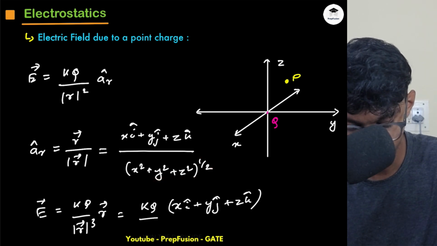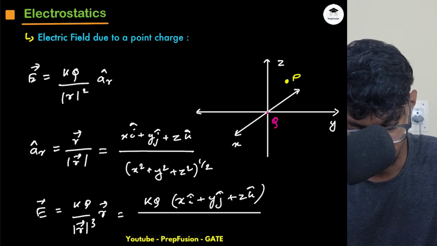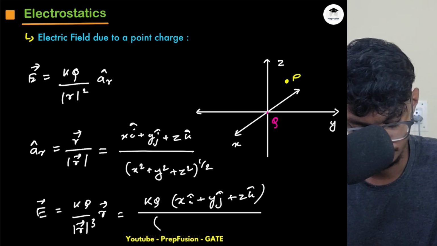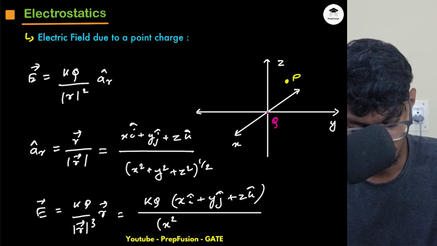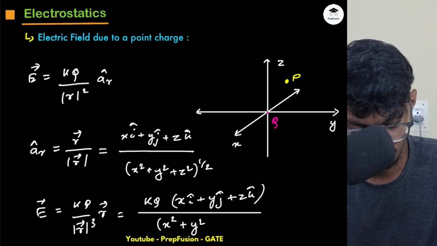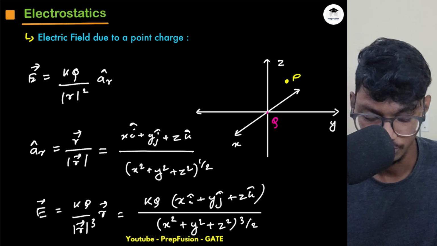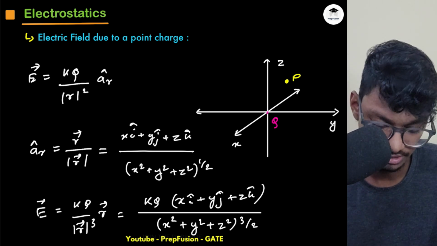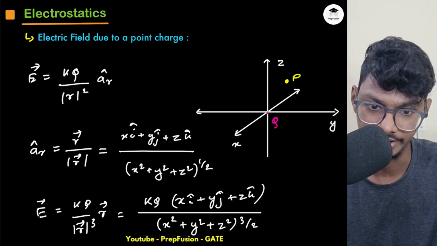So this will become, just hold on, three by two. So if you see this format as well, this format is also correct. This is not incorrect. I hope you get the point here.